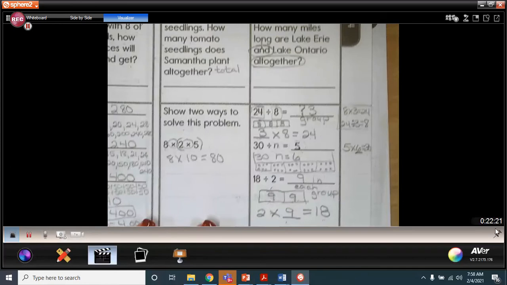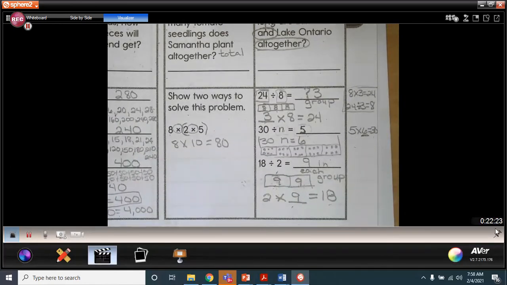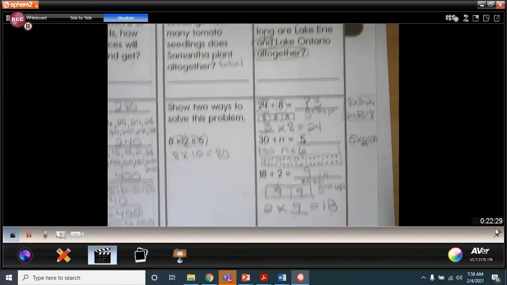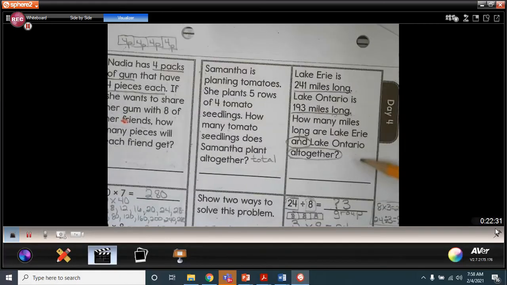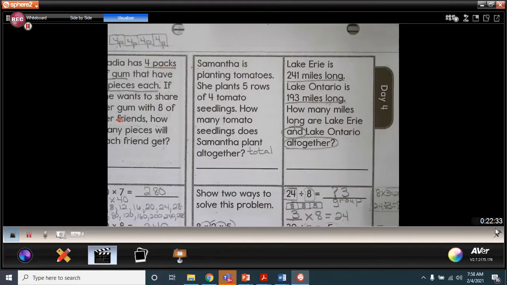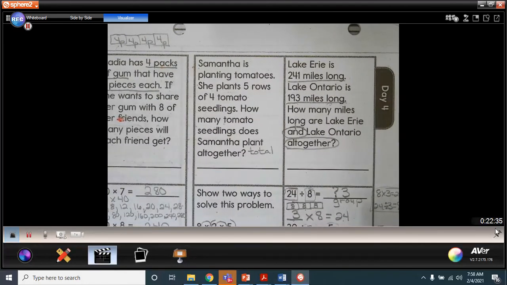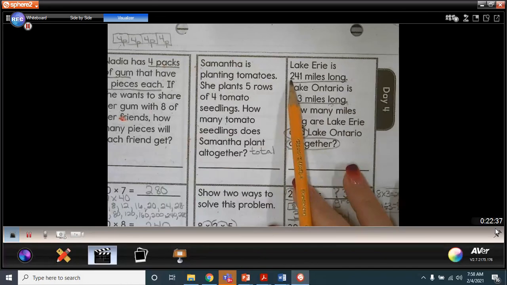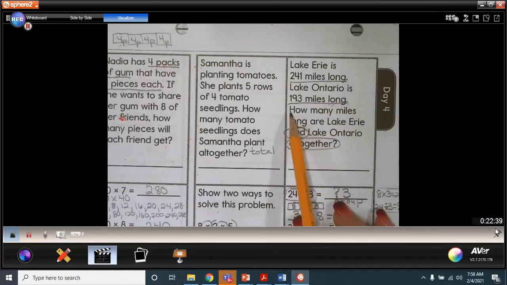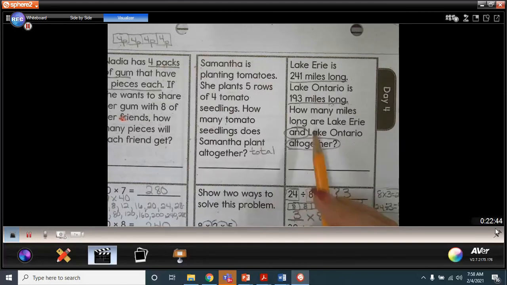So those are the problems for today. Don't forget to go back into your discussion and do what I asked you to for this problem on Lake Erie. You're going to round each of these numbers to the nearest 100, and then you're going to add them to see if it's going to be about the same amount, which we got was 434.